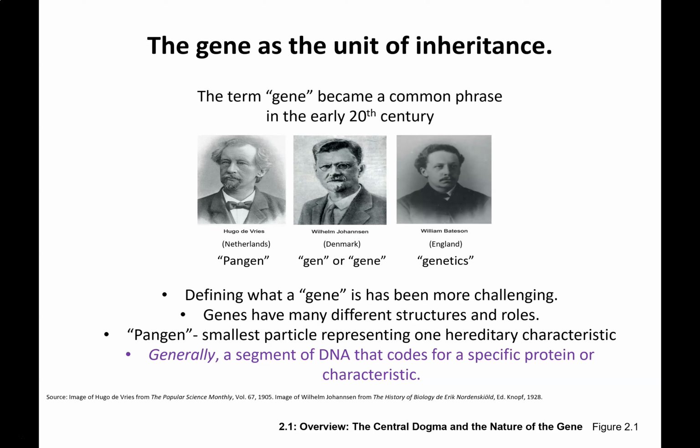We're going to define gene many different times along the way. We're going to refine it as we get farther along in our discussion of genetics. But keep in mind that when we're talking about a particular characteristic, we are talking about the genetic component, the small segment of DNA that actually functions to produce that protein.